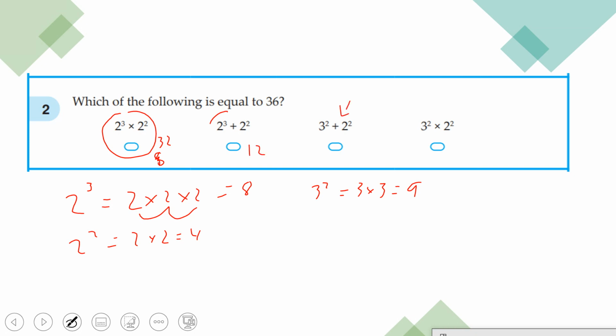This one over here will be 9 plus 4, which is 13. And this last one at the end is going to be 9 multiplied by 4, which hopefully we know as 36. If you're unsure of any of these times tables at any point, you just put it in your calculator. It will get you the answer you need.